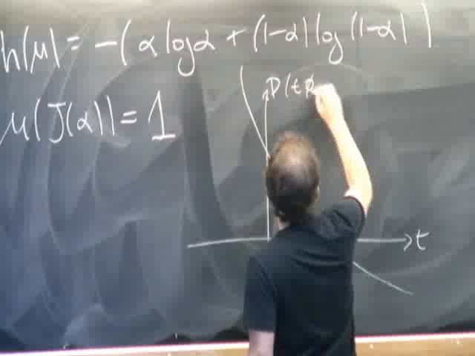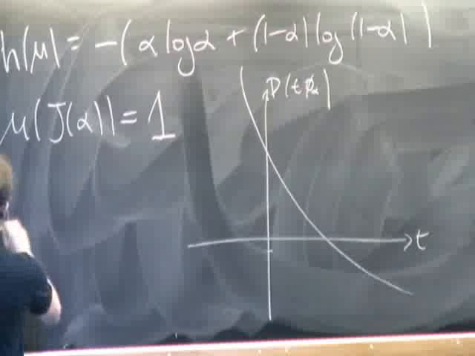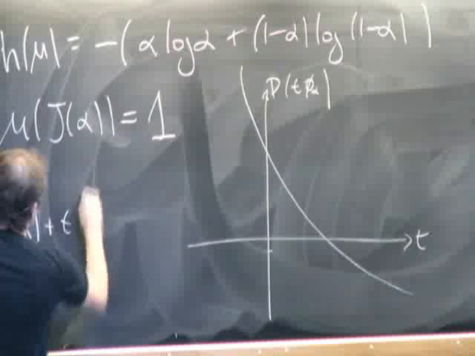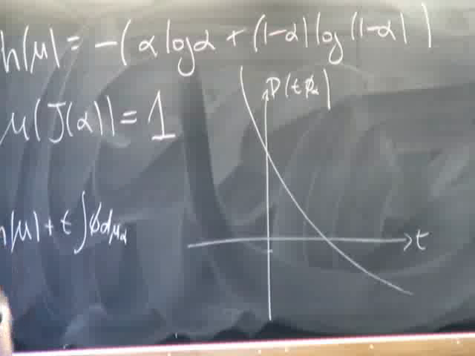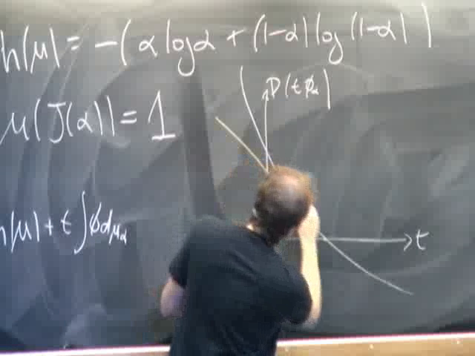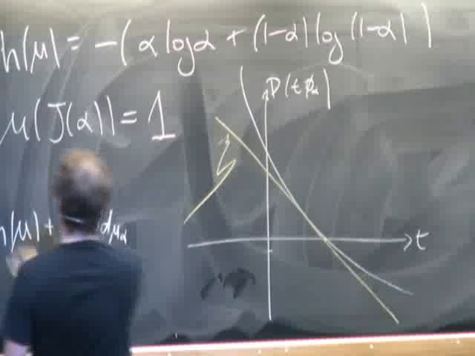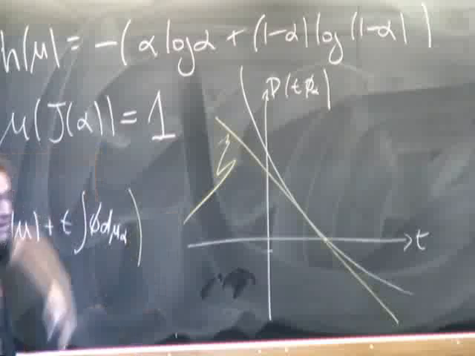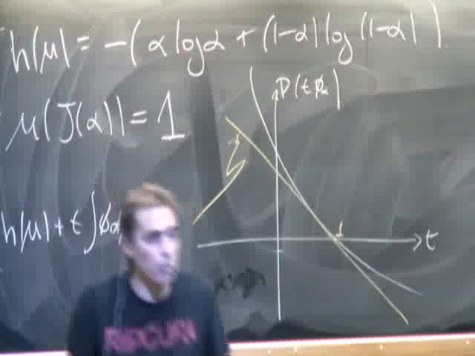What we have found in terms of the variational principle is that this line here is a tangent that passes through here. So this line is a tangent at 1. That's what we proved.